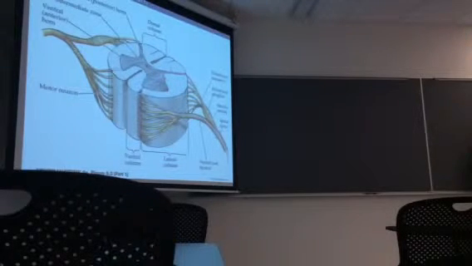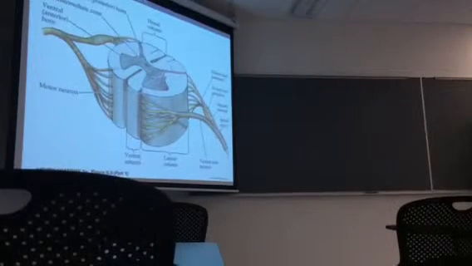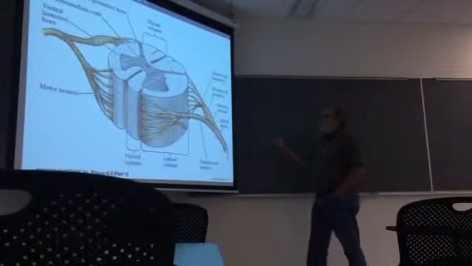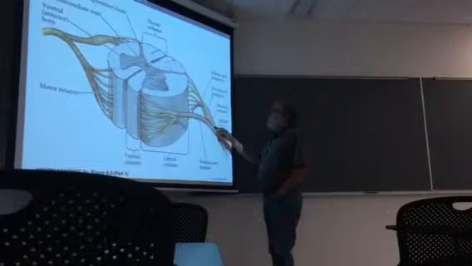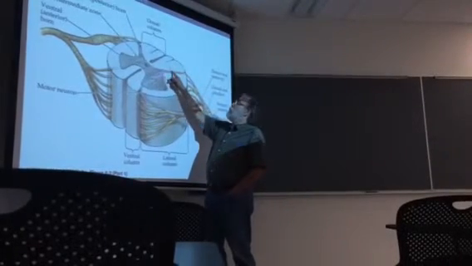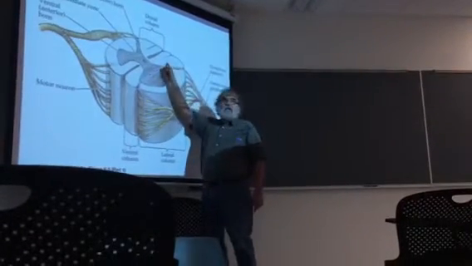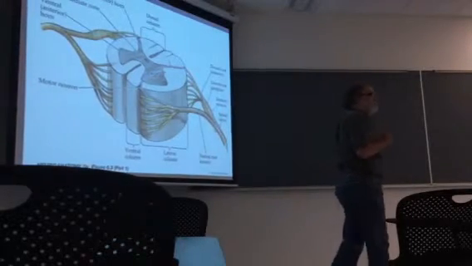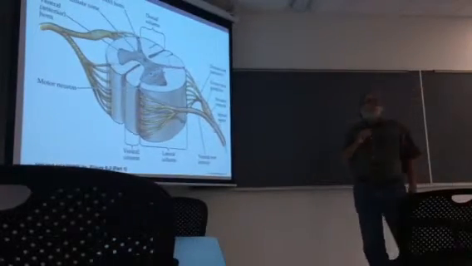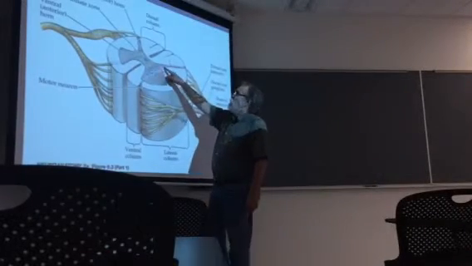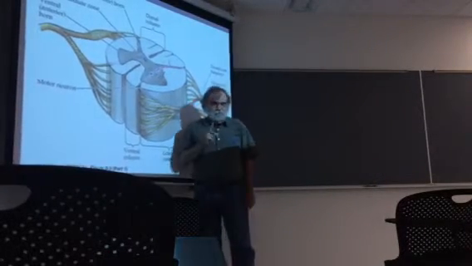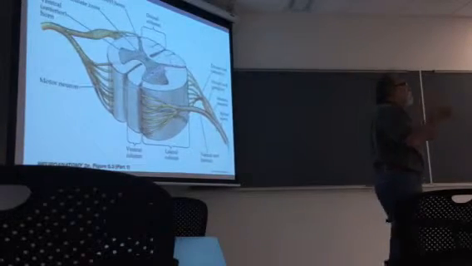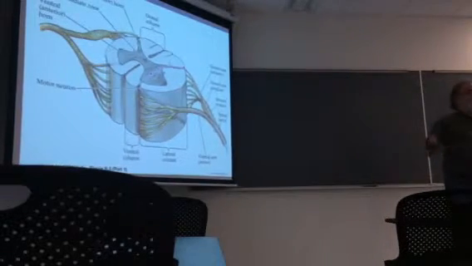Interneurons are between neurons. So with this simple reflex, signal comes in, you'll notice this. This is taking the sensory signal up to your brain. However, this distance is much shorter.